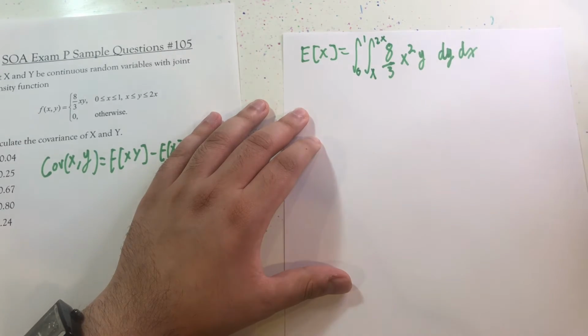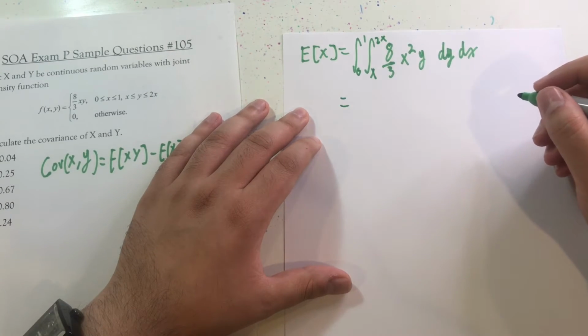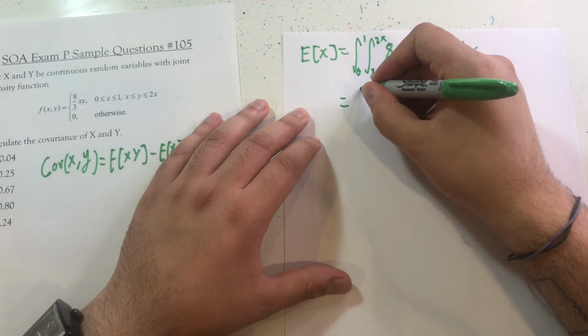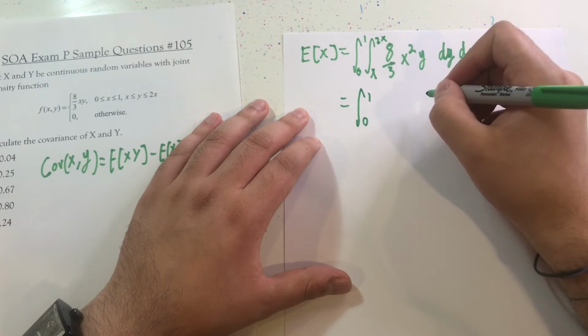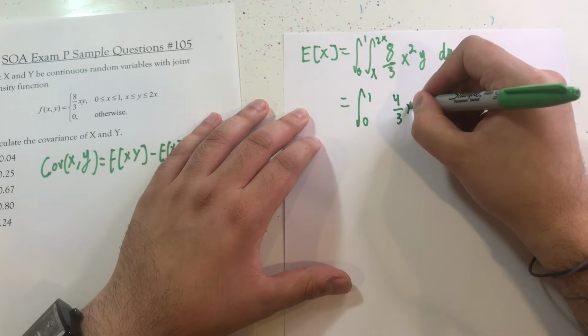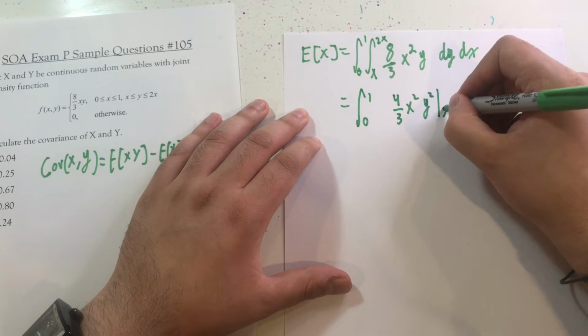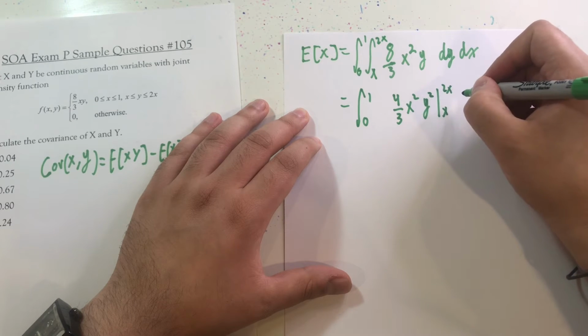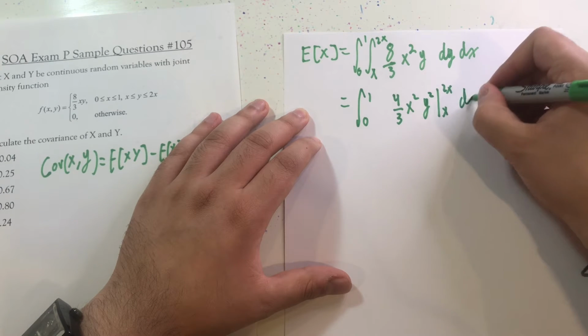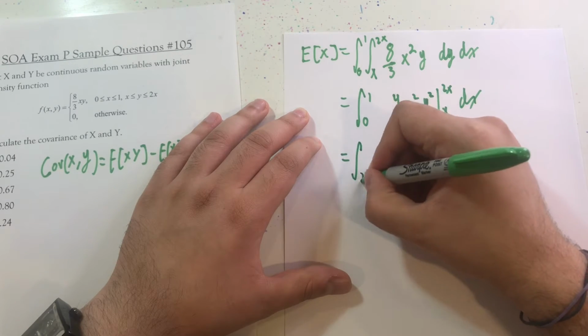Okay? So now let's integrate. We are integrating with respect to y, and this is simply going to become the integral from 0 to 1 of 4 over 3 x squared y squared, evaluating from x to 2x, and dx, right? That's still there.